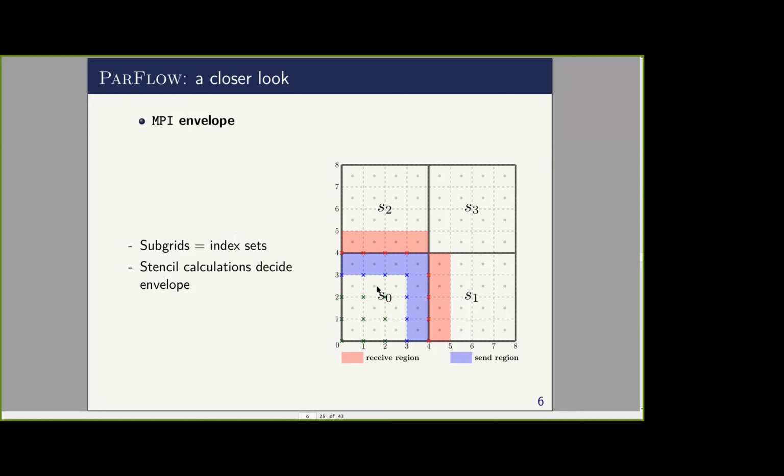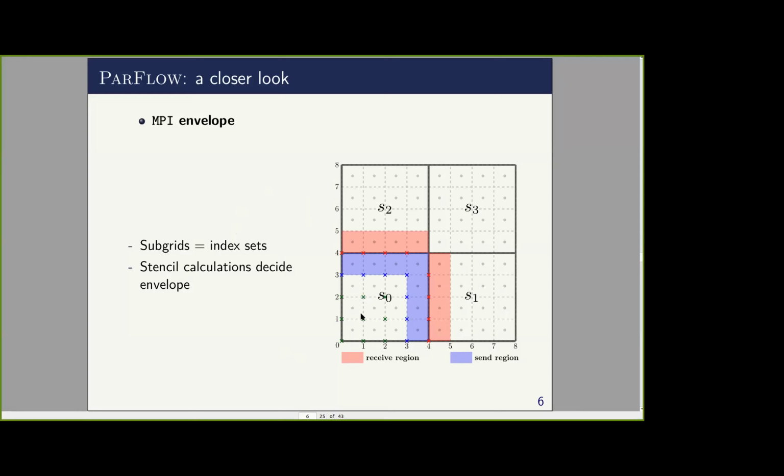So for instance, if you have here a subgrid, which in a two-dimensional situation I call S0 to S3, and the stencil is such that you need information from the adjacent neighbor, then what Parflow will do is operate on the crosses here in each corner, which will be the numbering of the nodes, and actually do set operations.